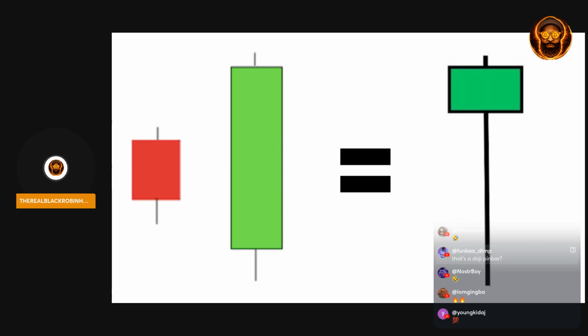The effect of a bullish engulfing bar is a pin bar, because in essence, this first candle, the red candle, opened here and closed here, right? Then there was a gap, which means something happened in the market where the price gapped down. Usually when price closes, the next candle will open at the same price that the previous candle closed, right?